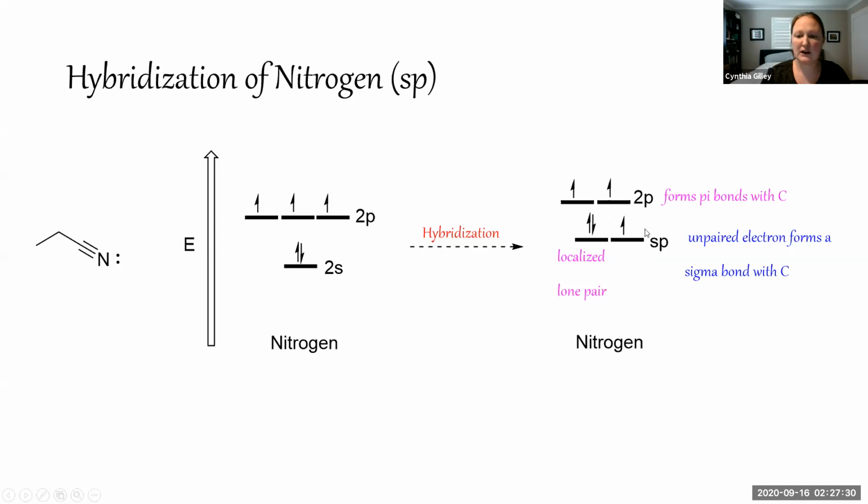This other electron in the other sp hybridized orbital is forming the 1 sigma bond that that nitrogen has with the carbon. In addition, there's 2 pi bonds being formed from this nitrogen to this carbon. So those are being formed from 1 electron in 2 2p orbitals, in this case, forming 2 pi bonds with the neighboring carbon.